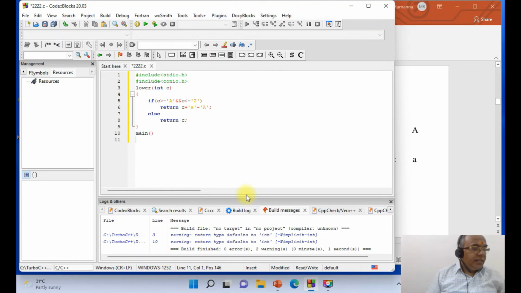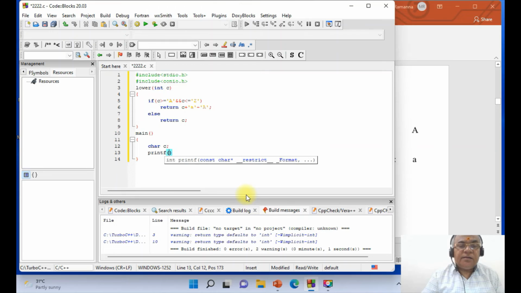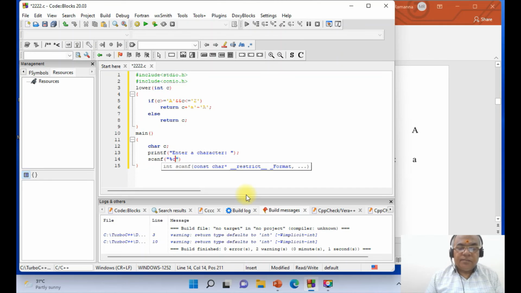Then we go for the main function. Character c. Printf enter a character. Then scanf %c.